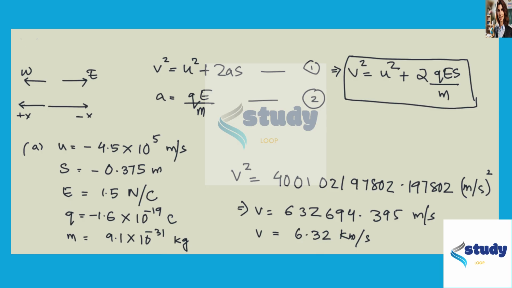And over here, I guess I made a mistake. Dividing it by 1000 will give us 632.694 kilometer per second.